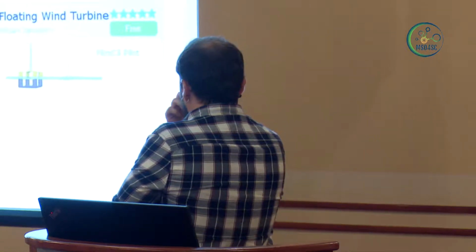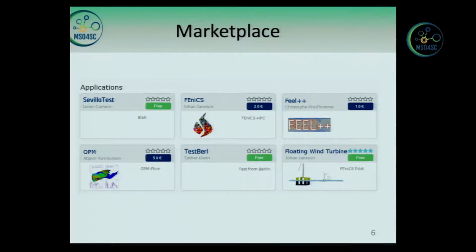Okay, as we just started with the development of the portal, I'm going to show you some pictures in order to give you a whole picture of how the portal is going to work. This would be the marketplace. In this case, every organization will have access to a catalog of software resources.